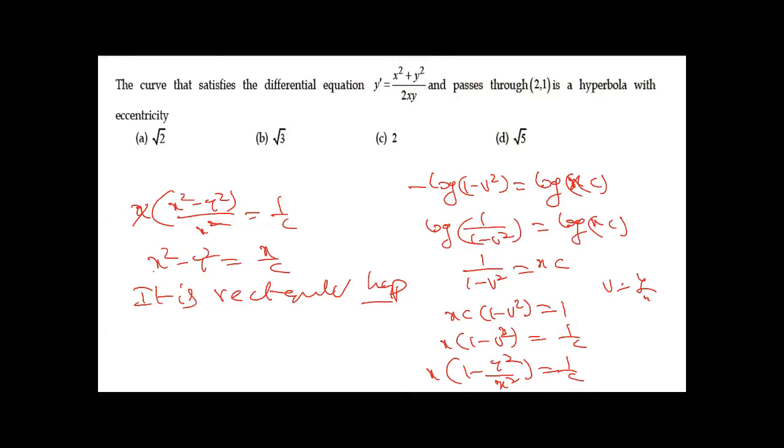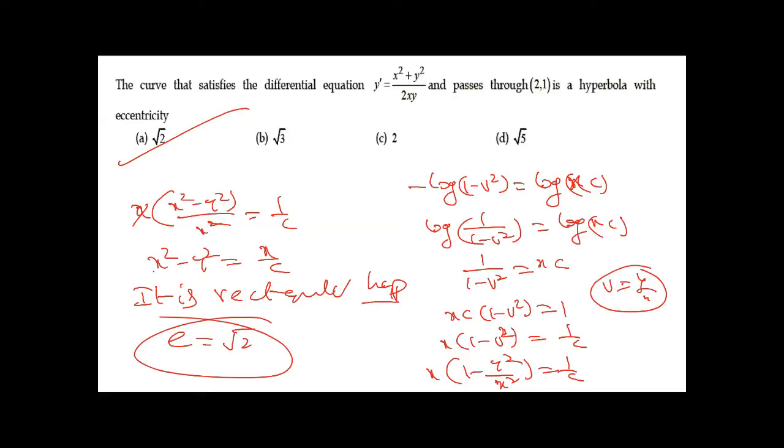For a rectangular hyperbola, the e value is root 2. So answer A is the right answer. For a rectangular hyperbola, the eccentricity is root 2. Option A is the right answer. But you have to do it a little faster, because for all integral questions you should solve by mental calculation rather than solving the complete solution.